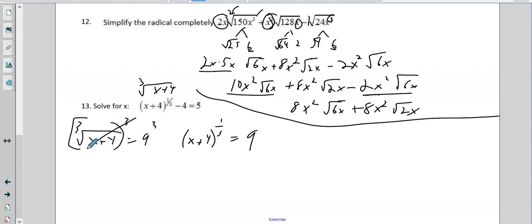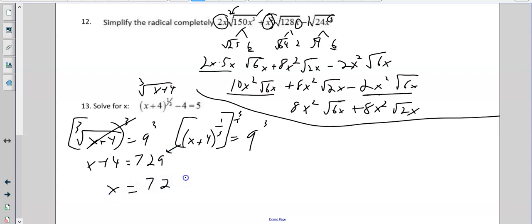So that leaves me, I put my line in the wrong place, it just cancels the radical. So we're left with x plus 4 equals 9 cubed. So 9 times 9 is 81, times 9 is 729. And here, we're going to just take it to the exponent of the reciprocal, 3 over 1, or just 3, which will lead us to the same x plus 4 equals 729. And now we just subtract, and we get 725. And that's it.